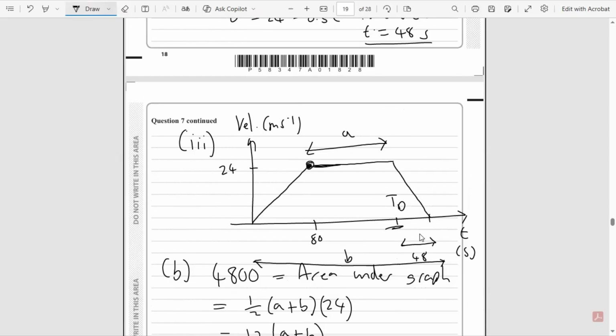So in other words, the acceleration here is now 0. So in reality, are you going to jump from an acceleration of 0.3 to an acceleration of 0? In reality, no. There should really be a smooth transition from your acceleration of 0.3 to an acceleration of 0.